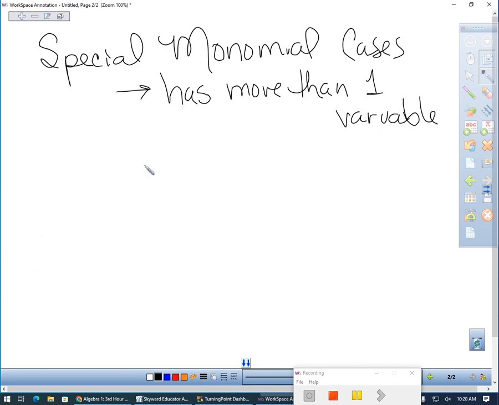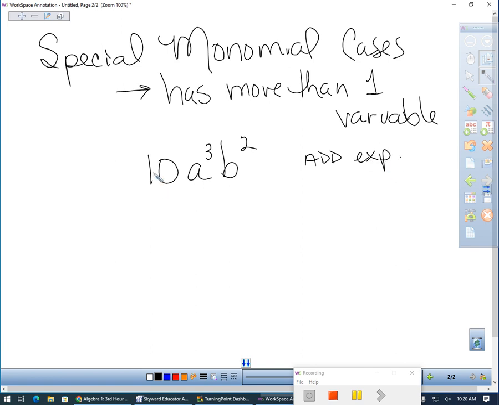All right, for example, let's say I had 10a to the third b squared. This is a monomial because it's only one term. But to classify this, because it's got more than one variable on it, this is the only time we add the exponents.